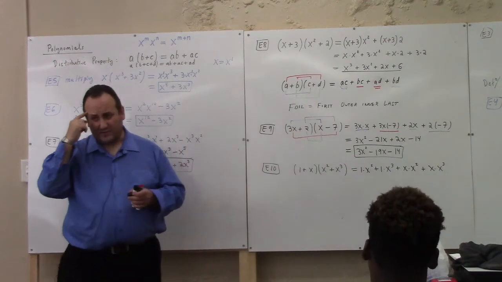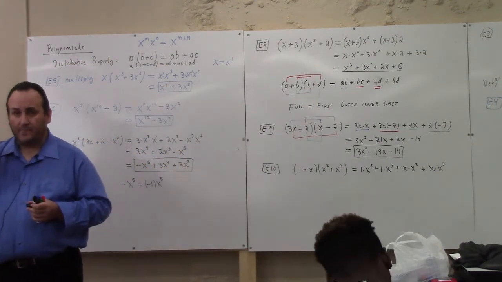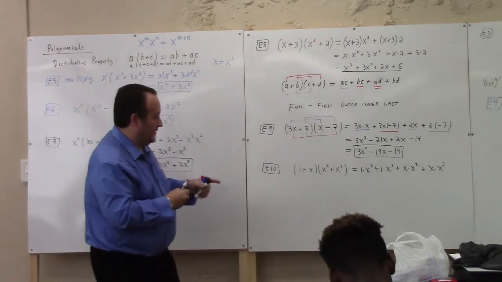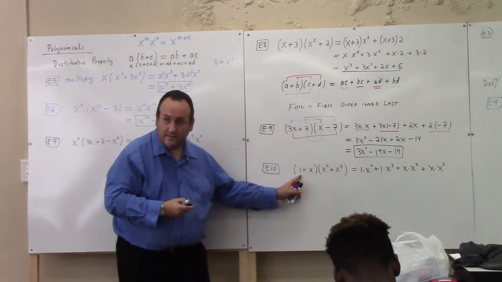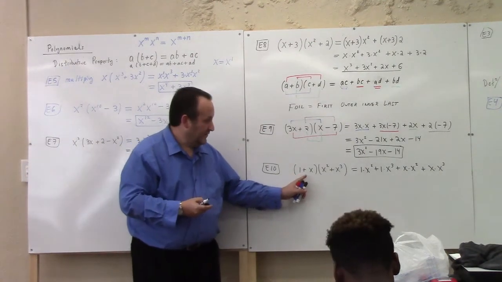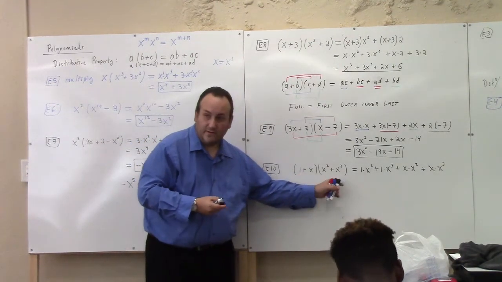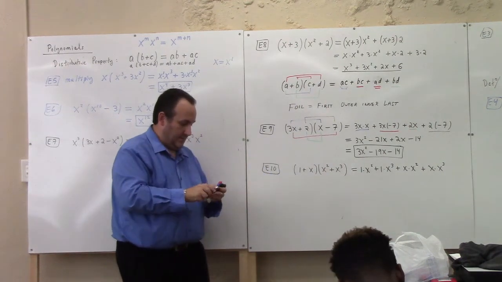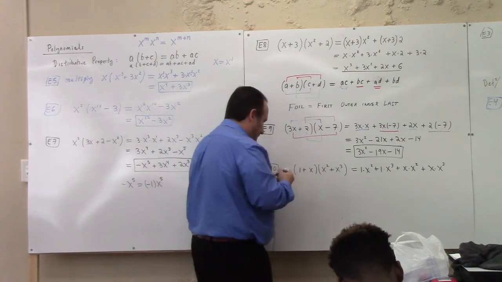By the way, here's how I think about it. I think about the 1 distributing through this x squared and x cubed.